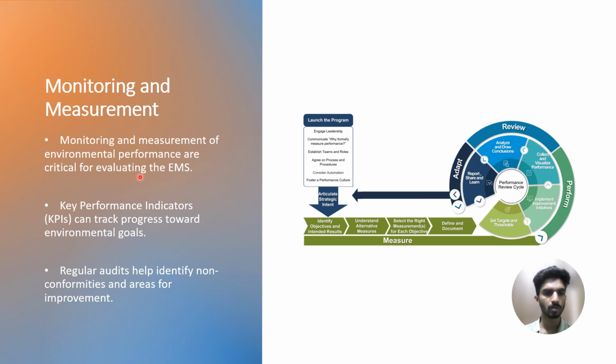So the key performance indicators, called KPIs, track the progress towards the environmental goals. Regular audits help to identify non-conformance and areas for improvement. So the measurement of the performance of the EMS needs to be done to achieve a good presence in the market as an organization.